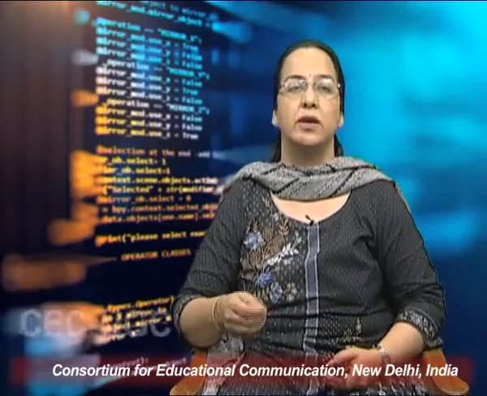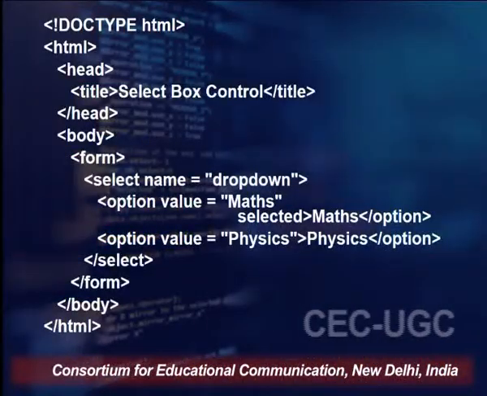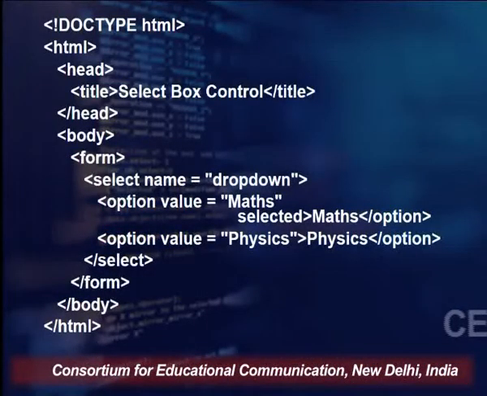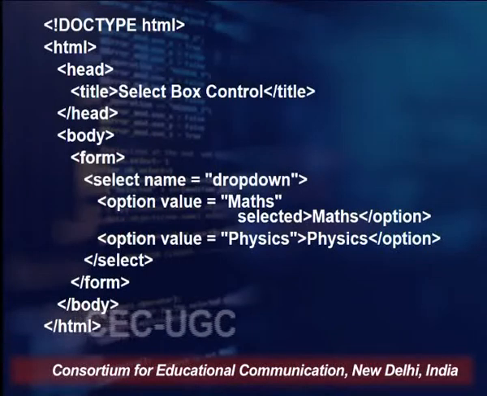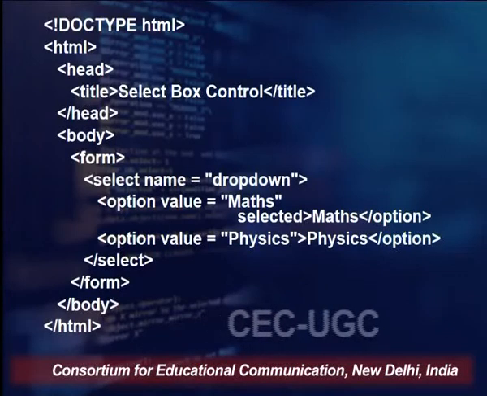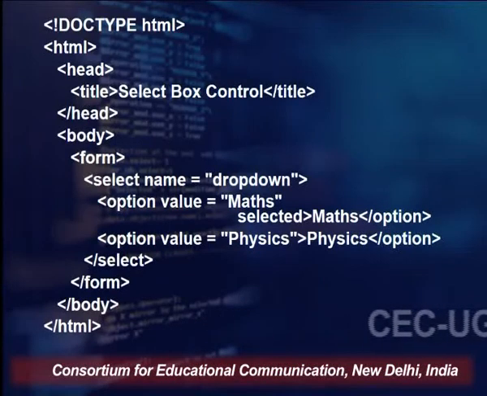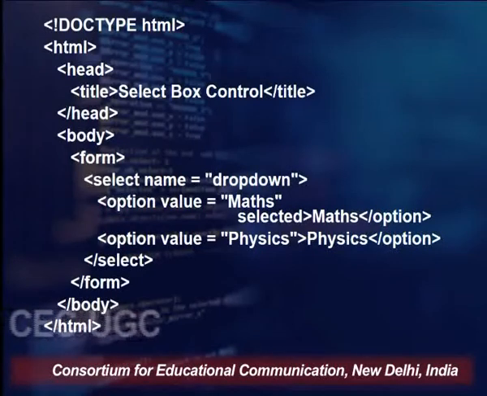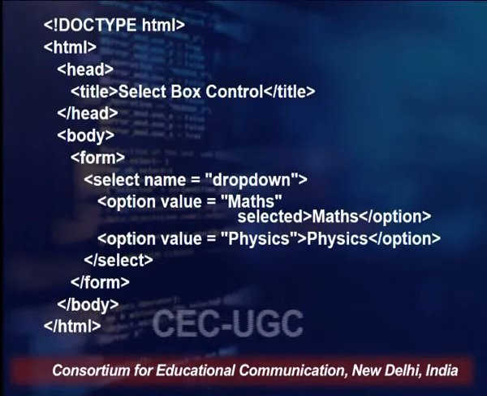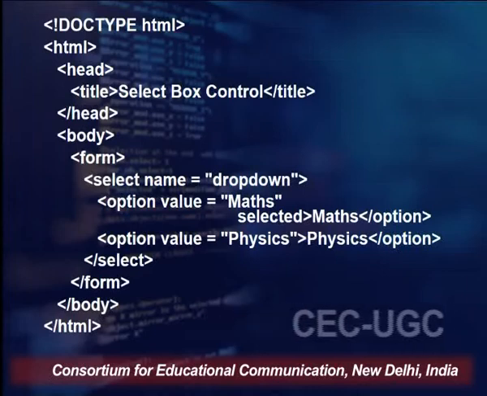It goes like this: option value is equal to maths, and then we have written selected. That means this value will appear as selected, and only one of them can be selected. Either in front of maths you can write selected, or in front of physics. Then you have maths and then option closed.